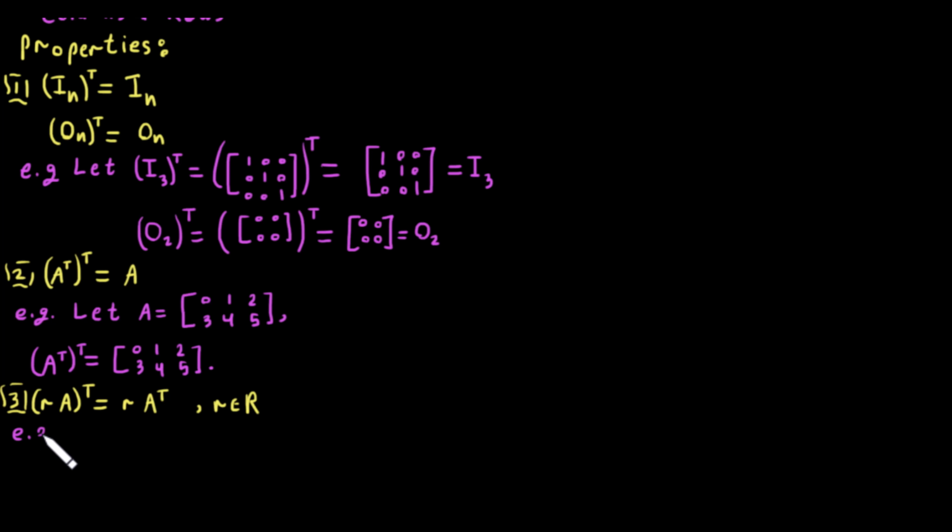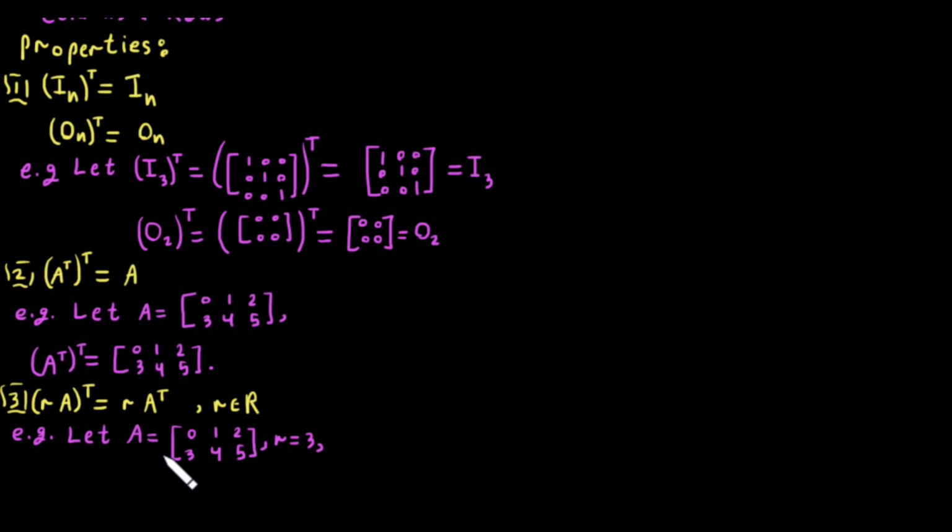For example, let A, I will choose the same as this matrix, A equal 0 1 2 3 4 5, and let's say R equal 3.